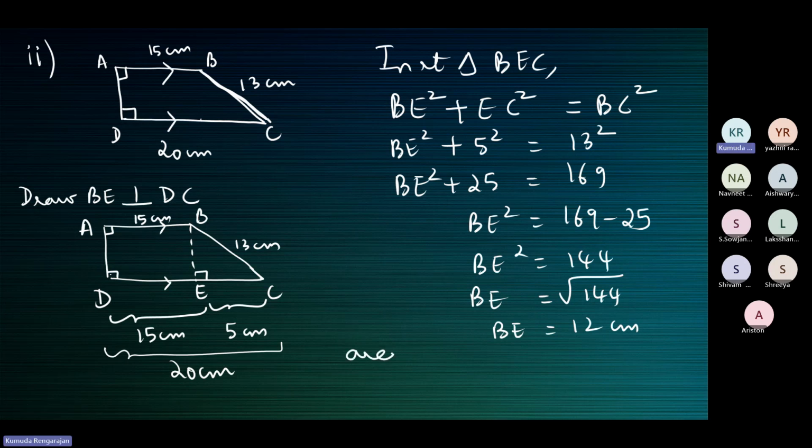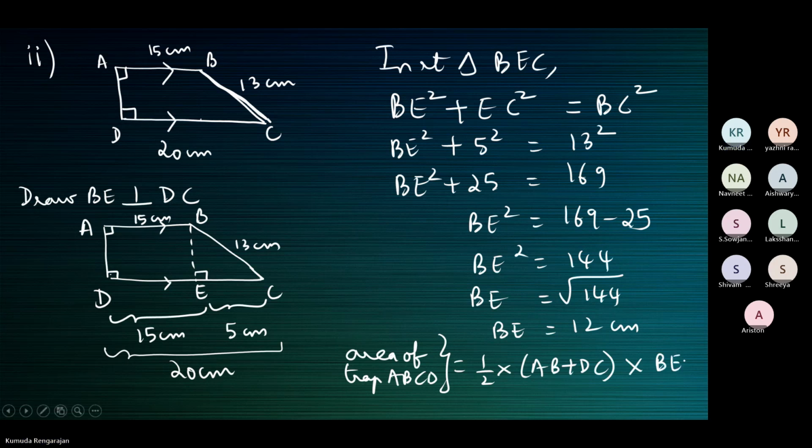Now the area of trapezium ABCD is equal to half into sum of the parallel sides, AB plus DC, not DE, DC, the complete side, into distance between them, BE.